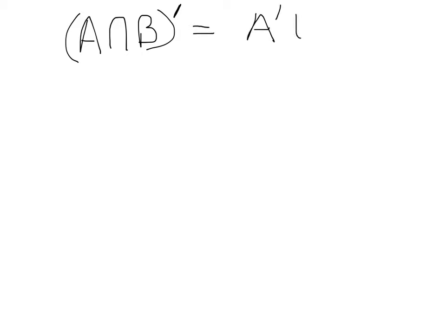And we can see a similar thing with the intersection. If we take the intersection, A intersect B, and complement that, we saw last time that our sets gave us this. So let's look at these via Venn diagrams.